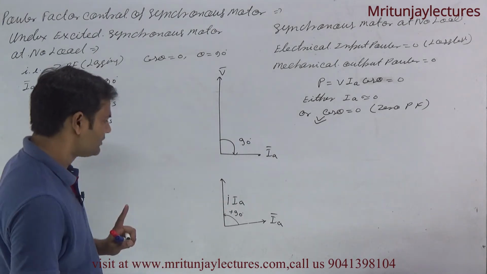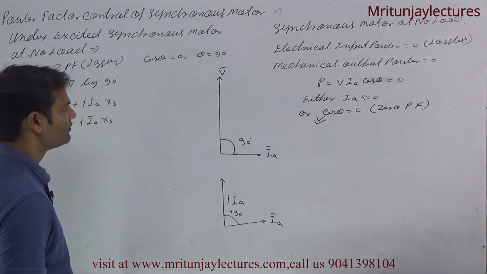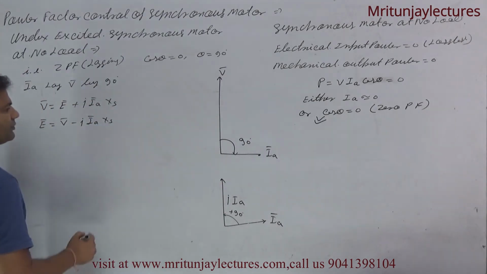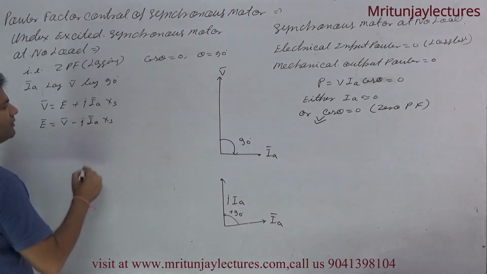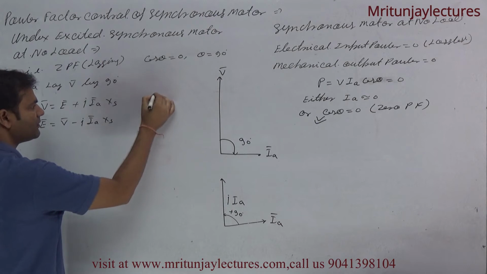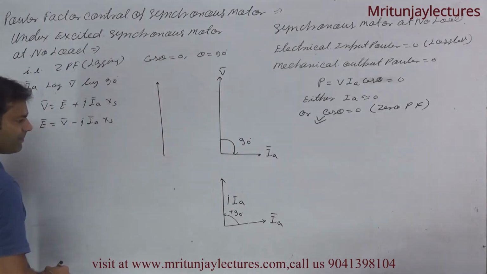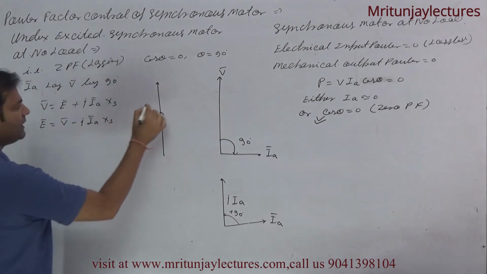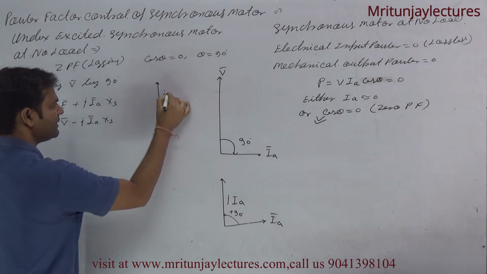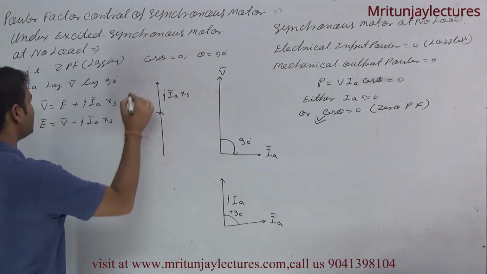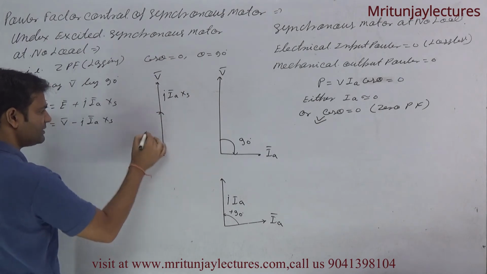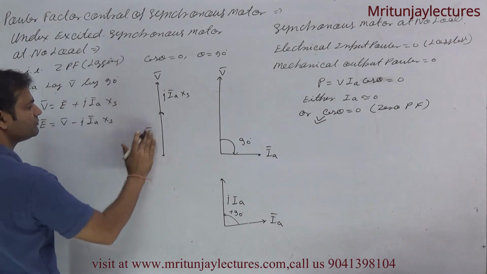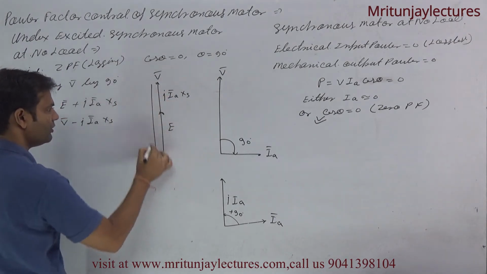Clear? Now it means this one and this one are in the same direction. So V is represented here, and that is J Ia into Xs, and this one represents E. Clear? So the whole representation is V.